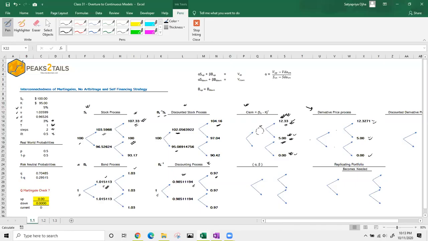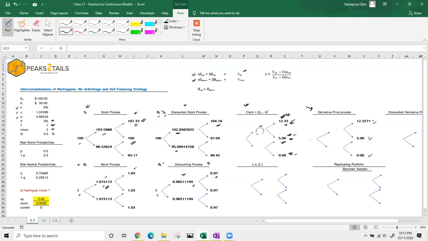And so using these two variables, alpha and beta, I can satisfy two equations. I have taken alpha times stock plus beta times bond. So in the up state, my portfolio will become alpha S up plus beta B up, which will match the derivative price in the up state.